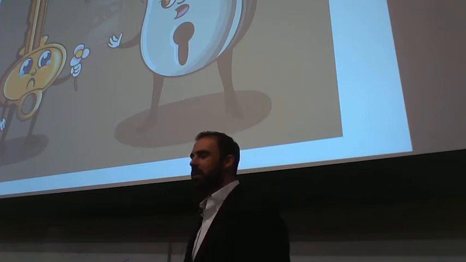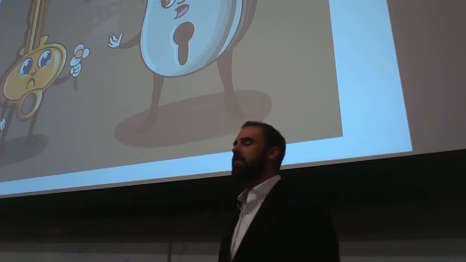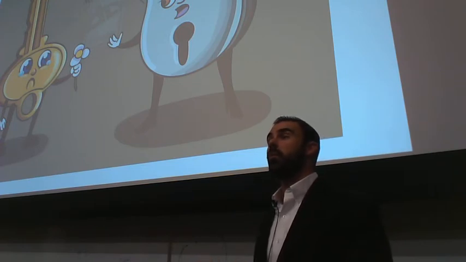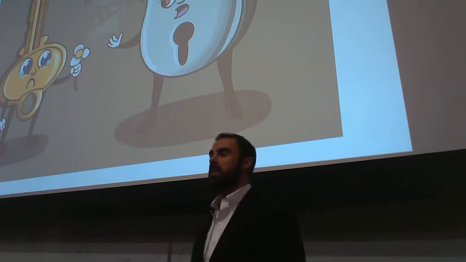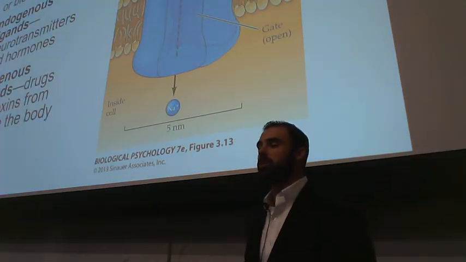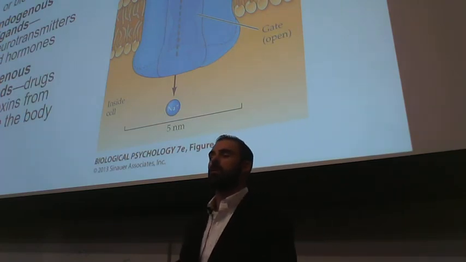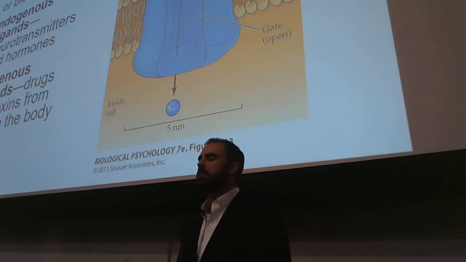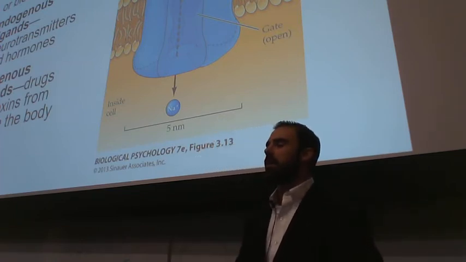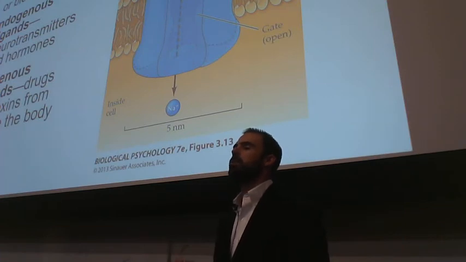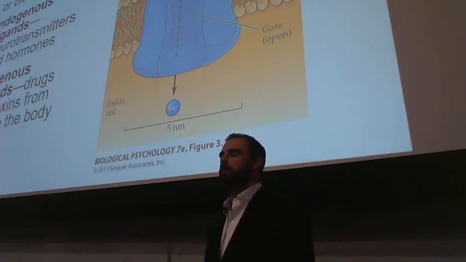But anyways, we have this idea of a lock and key mechanism, and certain locks will only open when certain keys fit just the right way. Ion channels are very similar to that when we talk about some of these basic aspects of postsynaptic neurotransmission. We'll introduce a couple terms here. When we talk about ligands, the basic idea is that they're chemicals that can operate as that key to unlock certain receptors on the postsynaptic cell.